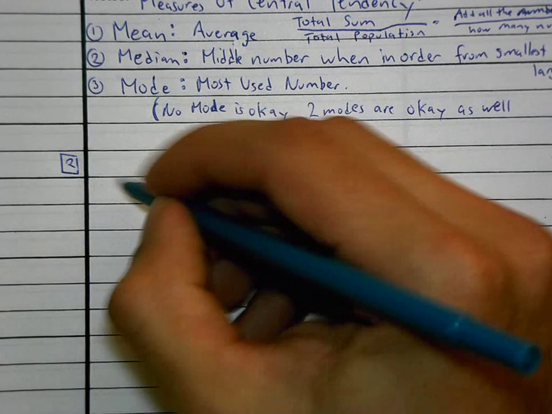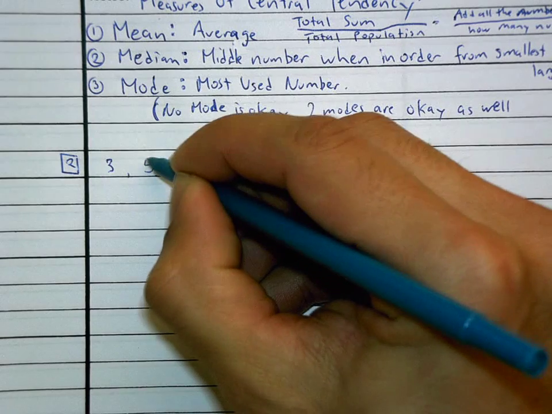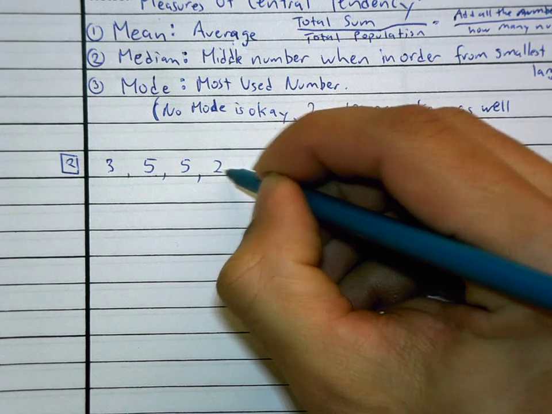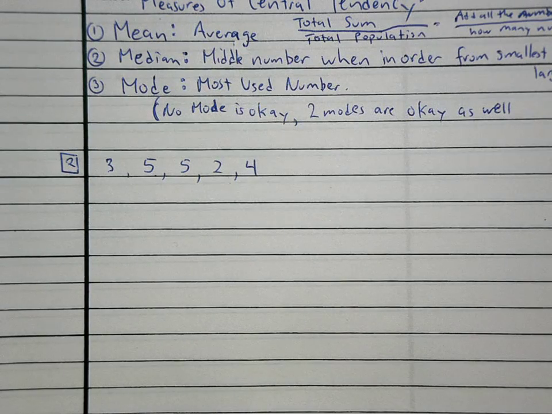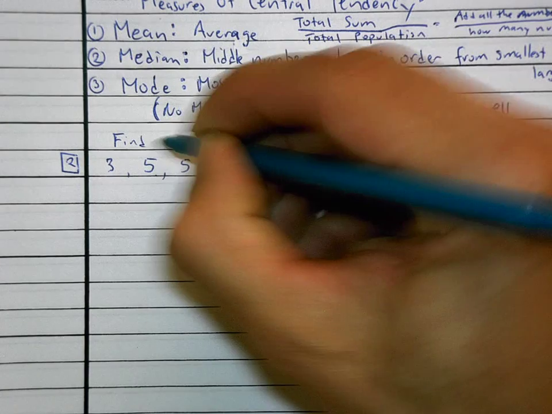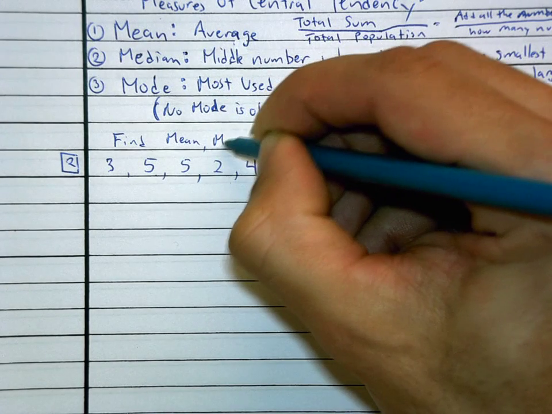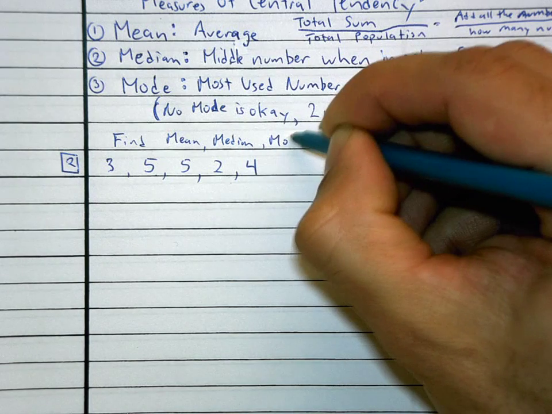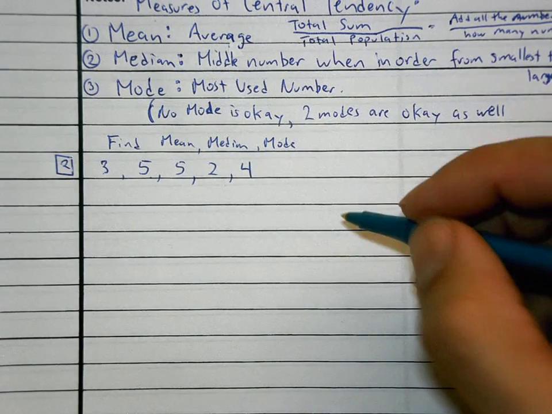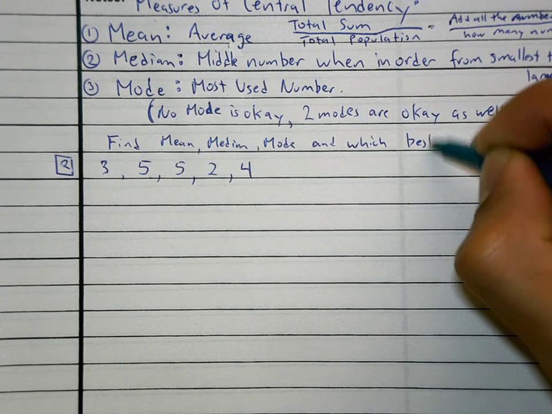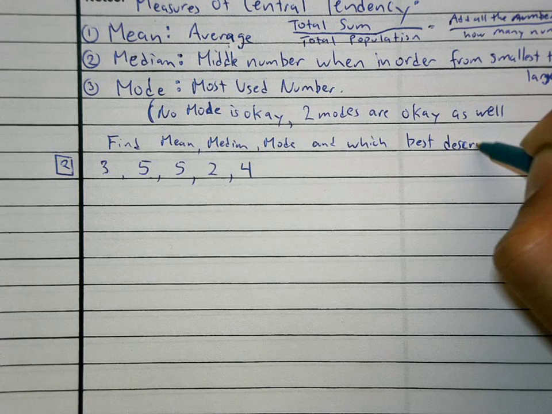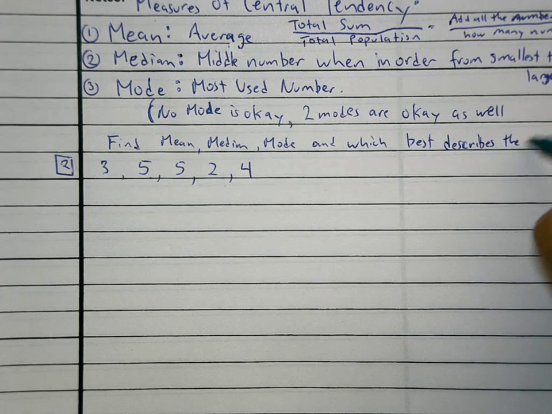Number 2 says 3, 5, 5, 2, 4. The directions for number 2 will say find mean, median, mode, and which best describes the data.